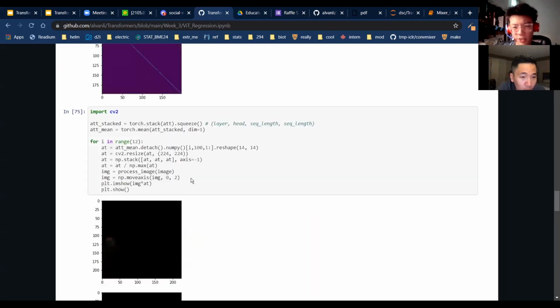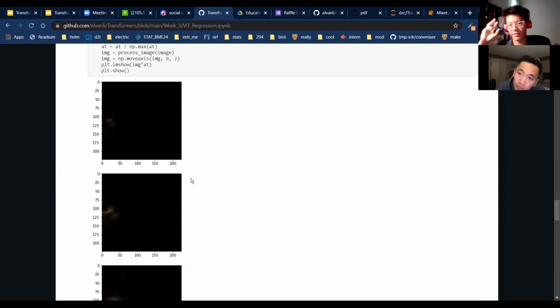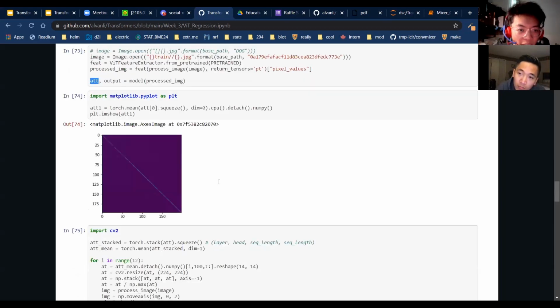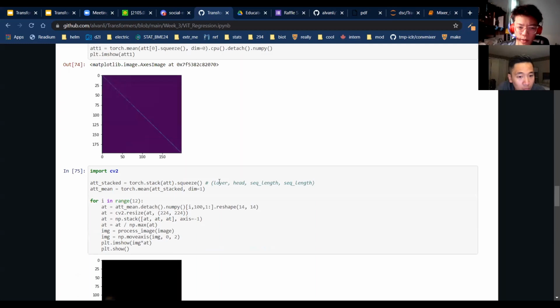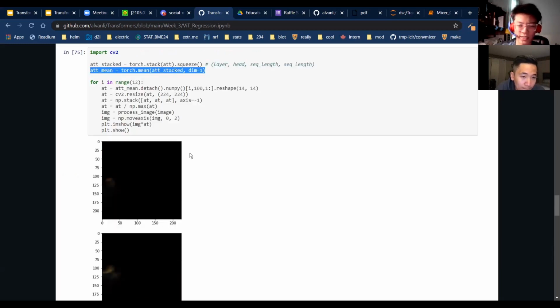This is of just one specific head. Oh wait, no. I averaged out the layers within the attention, and then I took all 12 heads and printed them out here.